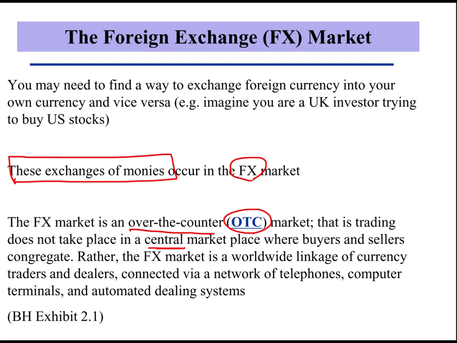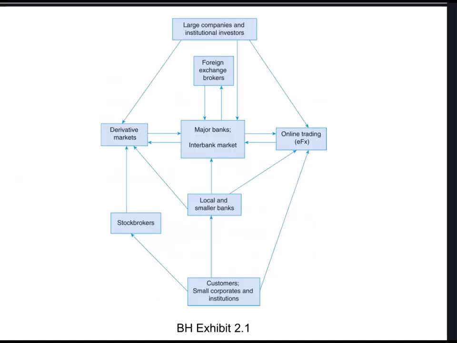Let's take a look at Baker-Hardwick Exhibit 2.1. First of all, you can notice this one here, the major banks interbank market. Traditionally, this was the biggest FX market. And as a customer, you are here.